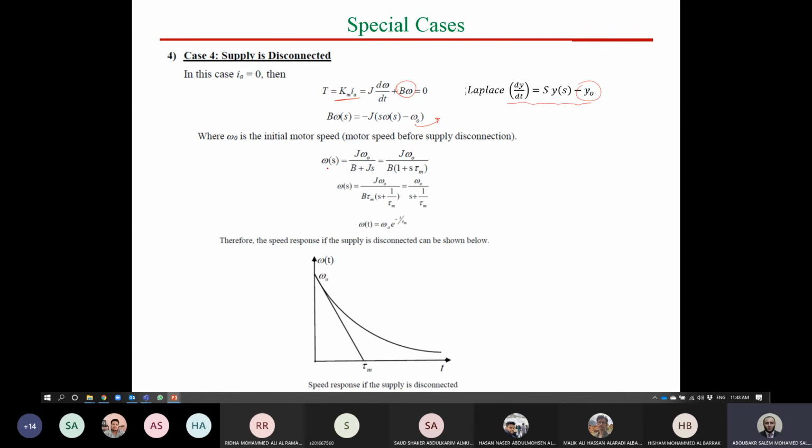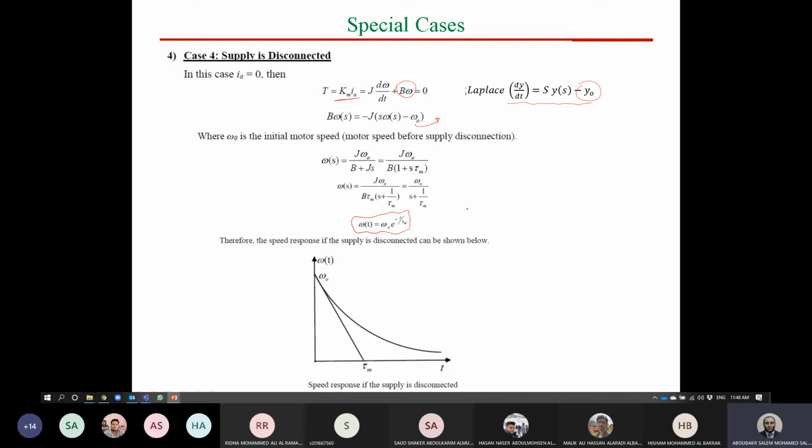This will be your relation for omega of S. To get the time domain, you need the inverse Laplace transform to get omega of t. Finally it will be omega naught e to the power minus t over tau mechanical, where t is the time and tau mechanical is the mechanical time constant.